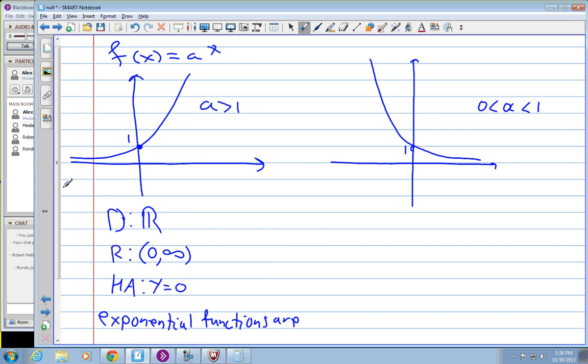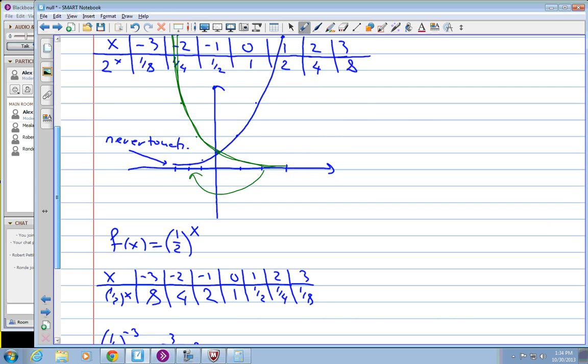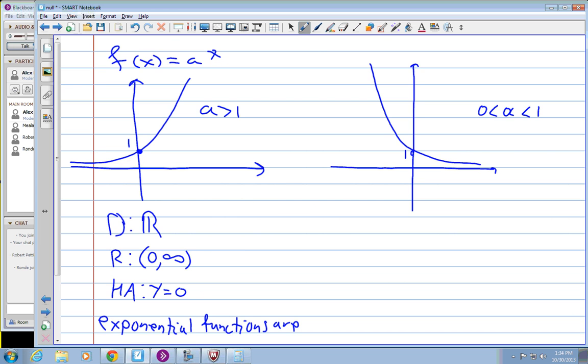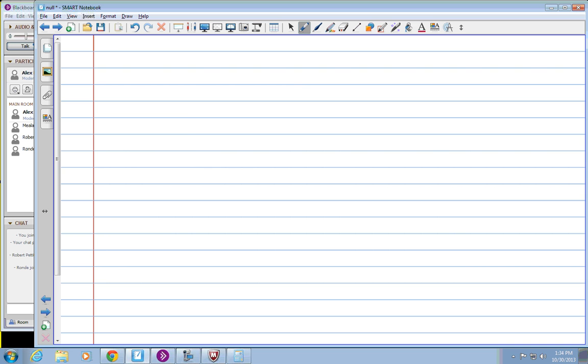Now, if I go back to my 2 to the x graph, now I'll make up a new one. So remember we just did that 2 to the power x graph, and it had the following points. I'll try to be very careful. (0, 1), (1, 2), (2, 4), right? And then 3, 8.